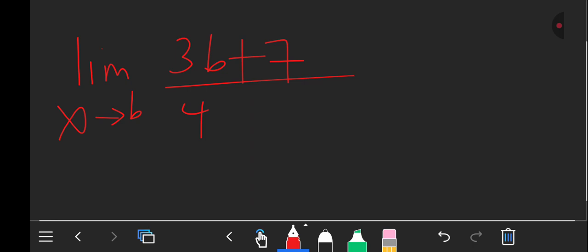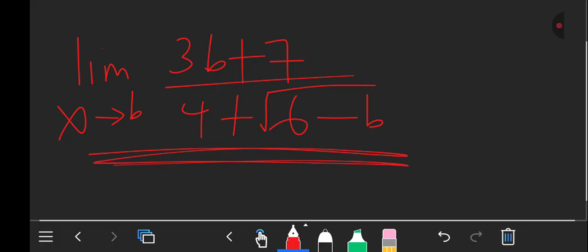Let's say you have maybe 4 plus the square root of 6 minus b. Okay, then you've been told to evaluate this kind of a limit.